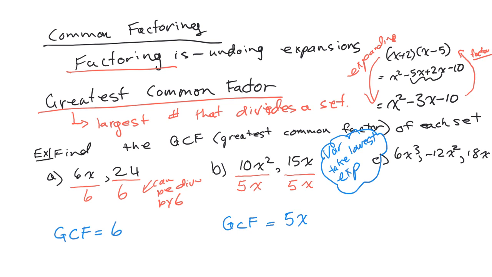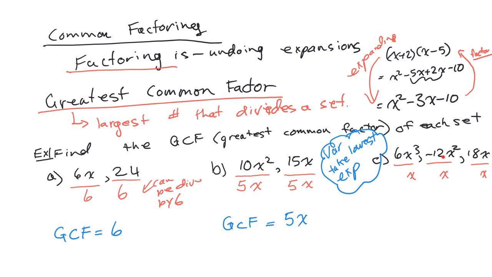So now let's do the same again for this next one. We have 6x cubed minus 12x squared minus 18x. The lowest x that we have here is x to the 1, which is just for the 18. So each of these could be divided by x. Now, we're going to look at the coefficients in front.